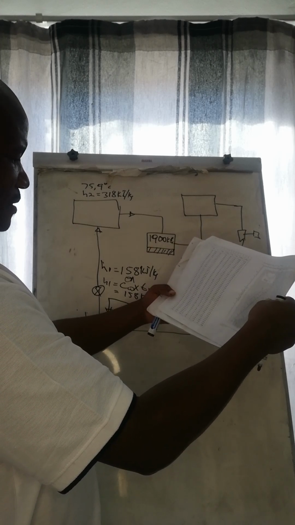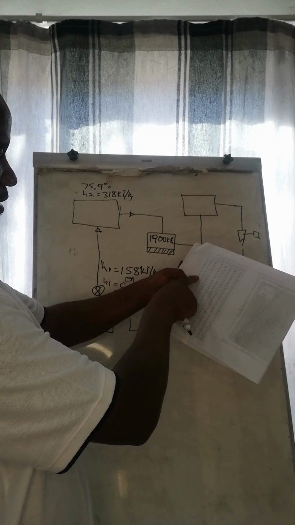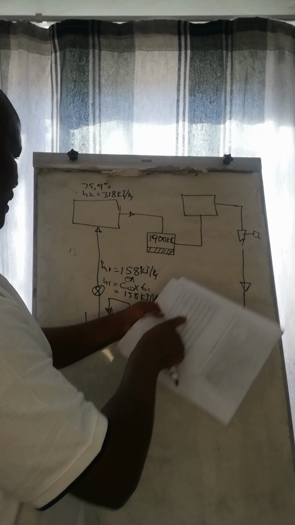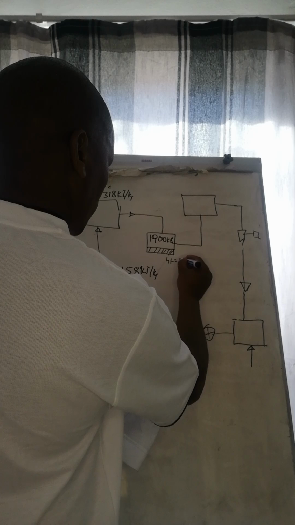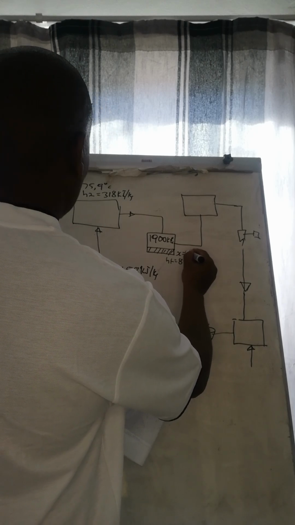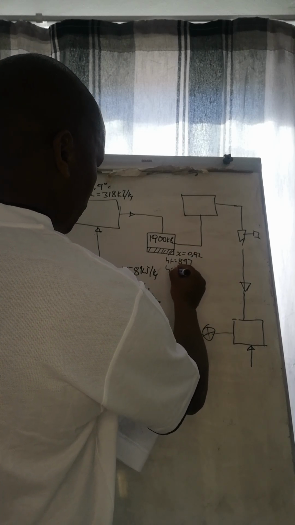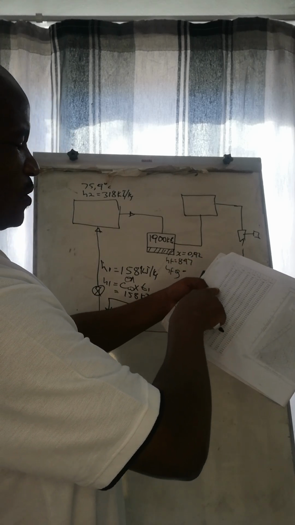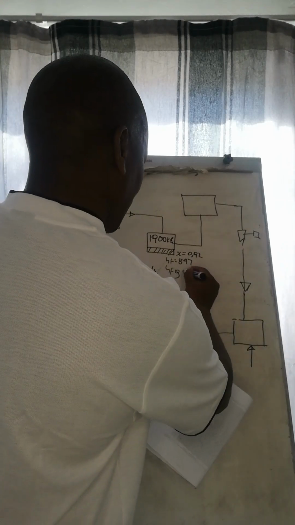And there at 1900, the enthalpy of liquid is 897. HF is equal to 897. Remember, you are given X equals 0.92. But what is the enthalpy of evaporation? HFG, you go at 1900, is equal to 1899.